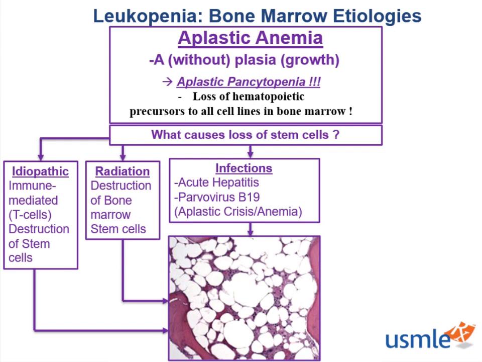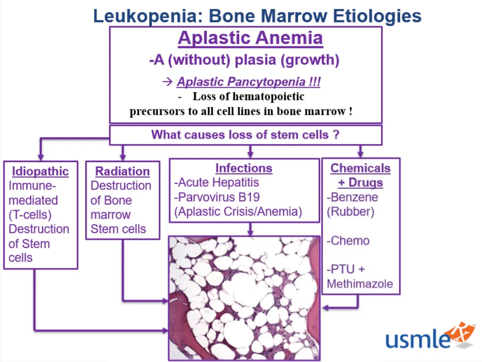This usually causes an aplastic crisis, marked by anemia only. However, in those that are immunocompromised, aplastic anemia, which should be called aplastic pancytopenia, can occur with the virus affecting all three cell lines.